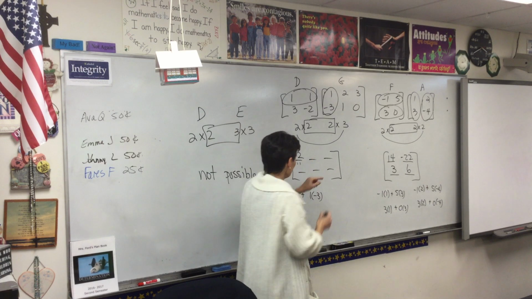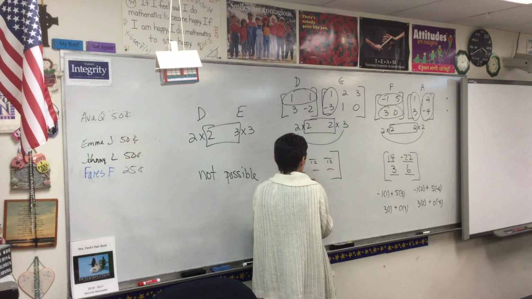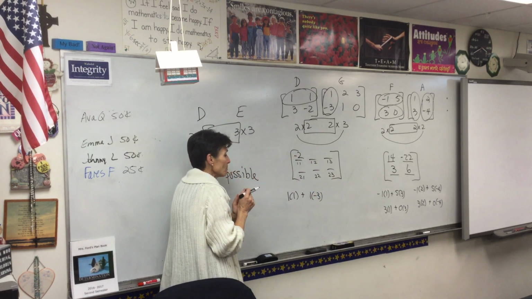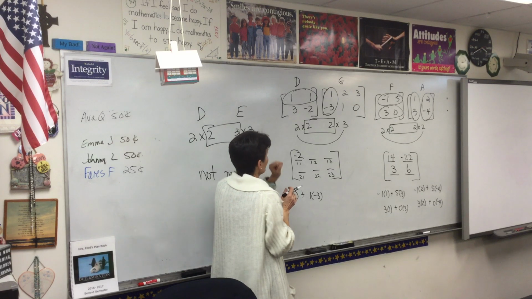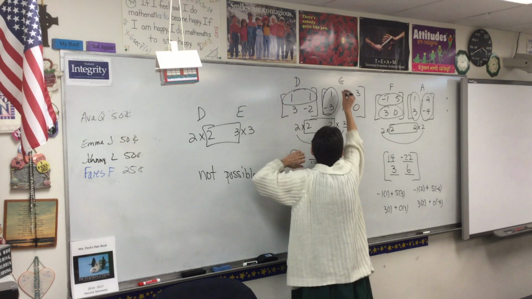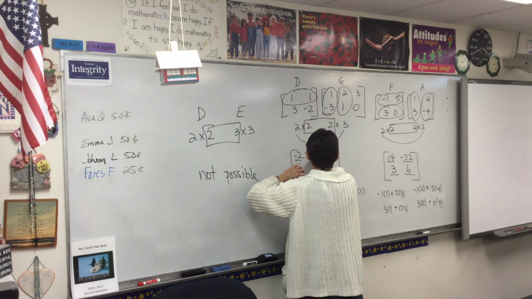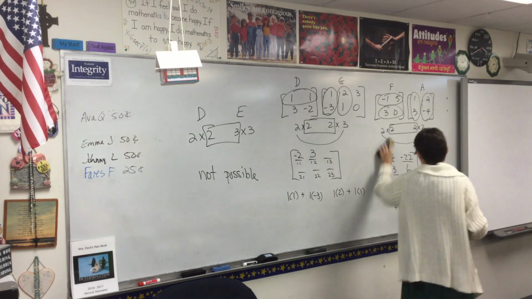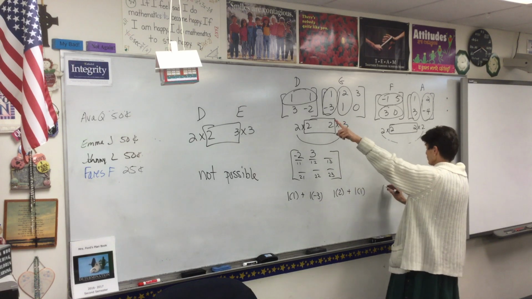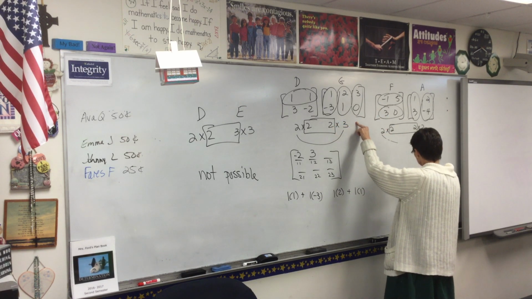Now, see if you can fill in the rest of these spots. This is the 1, 2, the 1, 3, the 2, 1, 2, 2, and 2, 3. See if you can fill in those spots by multiplying the row times the column.